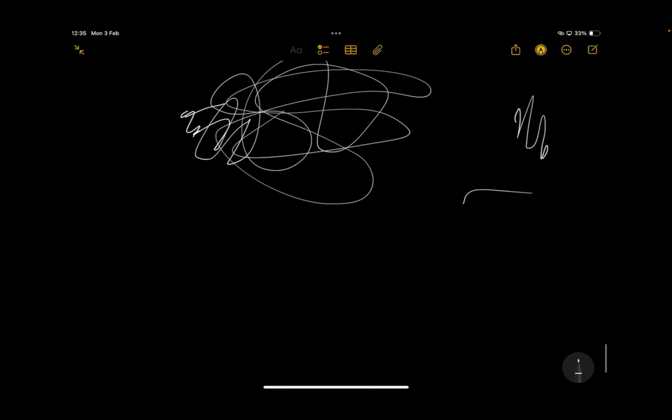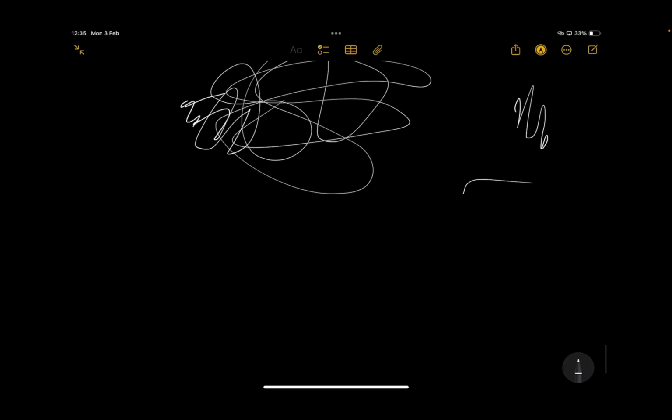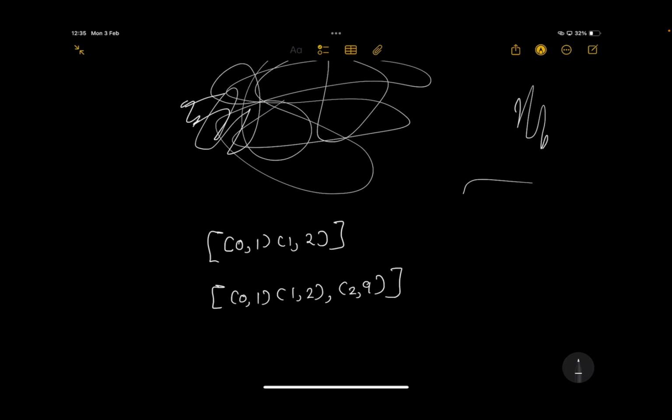Oh yeah. If you think of it as interpolation, you could interpolate 0 and 1, and then 1 and 2. You're going to get a polynomial, a straight line that passes through these 2 points. But you can also interpolate 0 and 1, 1 and 2, and then 2 and 9, for example. Now this is going to be a quadratic curve, while this one is a straight line.